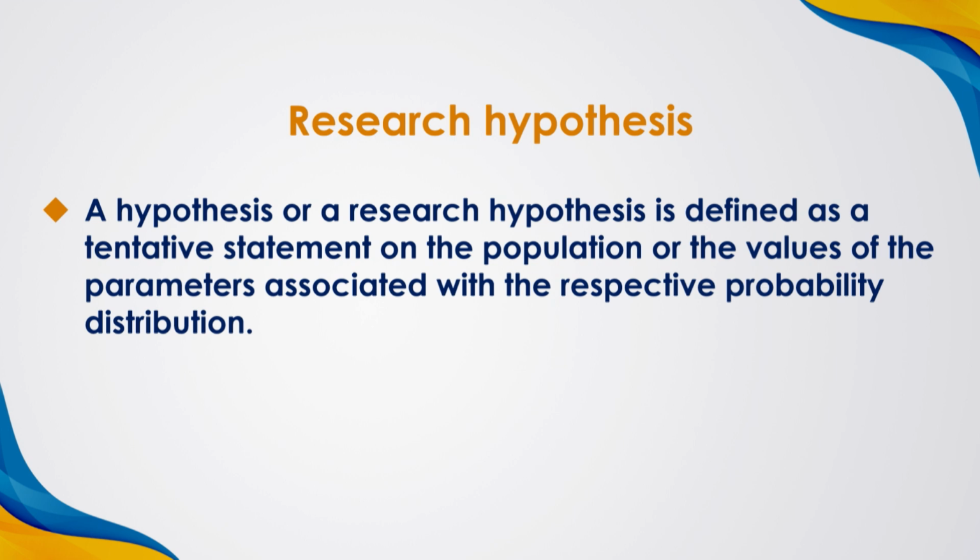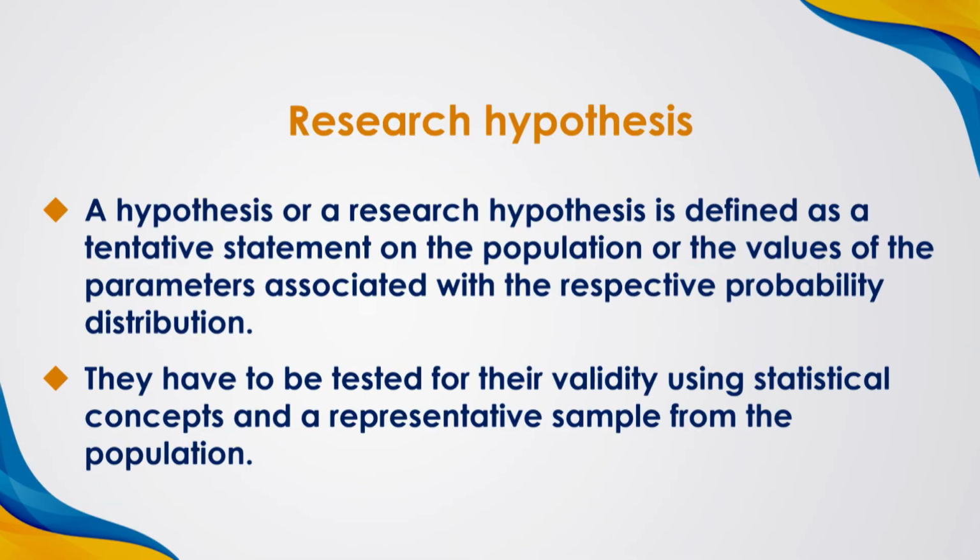Therefore, a statement is made about the population characteristics. That statement may be true or acceptable or rejectable, and therefore, that statement we have to test. The student needs to understand that hypothesis is not an assumption, it is only a tentative statement.